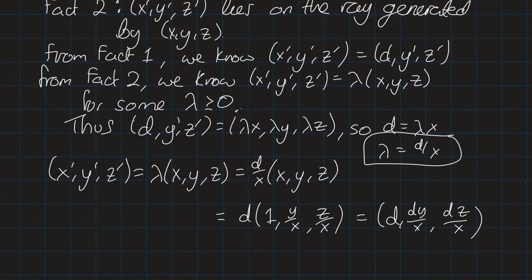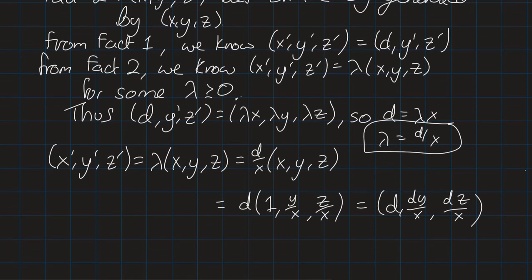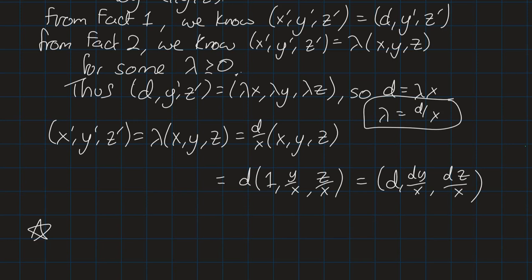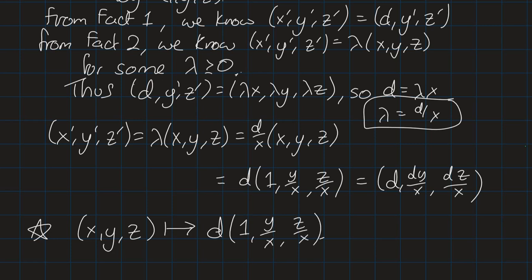And this is the formula we were after. Central projection onto the plane x equals d sends the point x, y, z to d times 1, y over x, z over x.